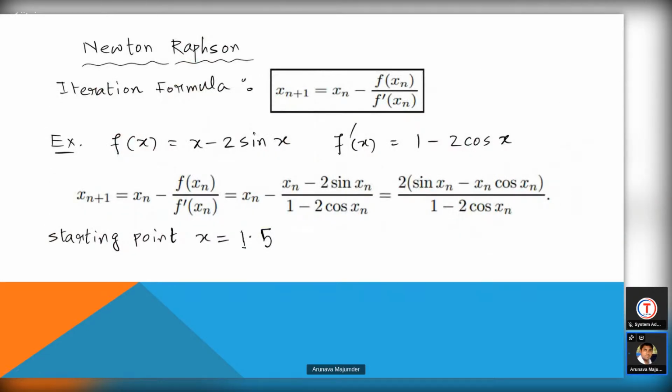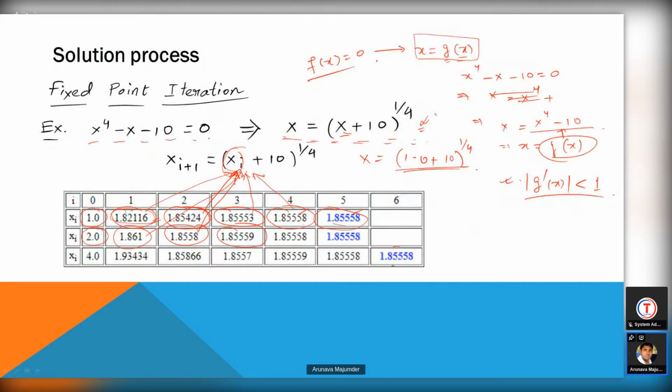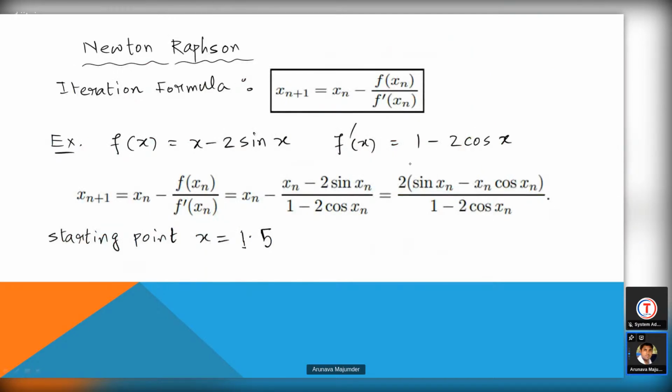Speed of convergence means the number of iterations is low. In fixed point iteration, you can see the value here, you get 1, 2, 3, 4, 5, that is the fifth iteration we get the value. Or if we choose 4.0 as the initial value, we get it at the sixth iteration. But in Newton-Raphson, it is just 2 or 3 iterations and we can solve this entire problem.